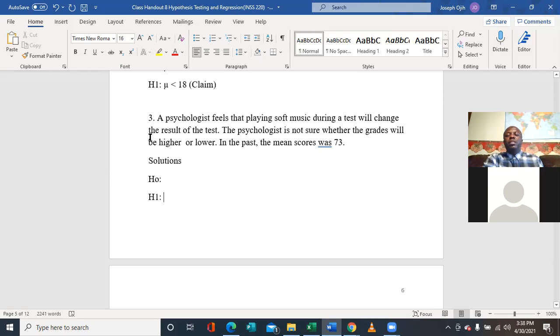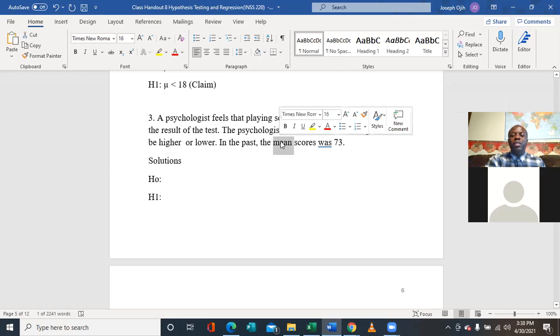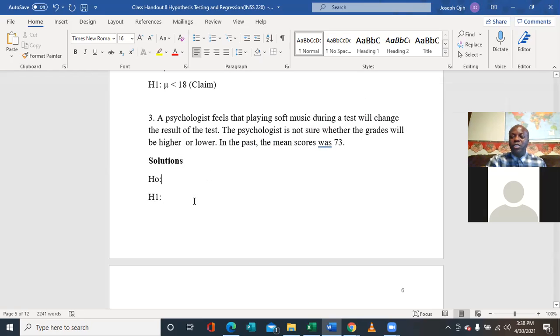Prior to this experiment, the average score in that test is 73. But the keyword here is the change. Change can be less or greater than. Another keyword here is the mean, that means the average score. Having that in mind, you say that it will change, so it can be greater than or less than.